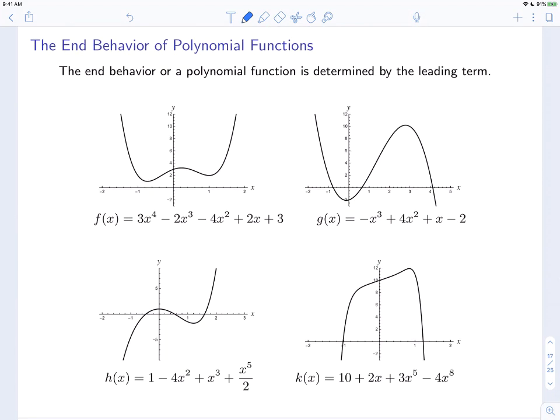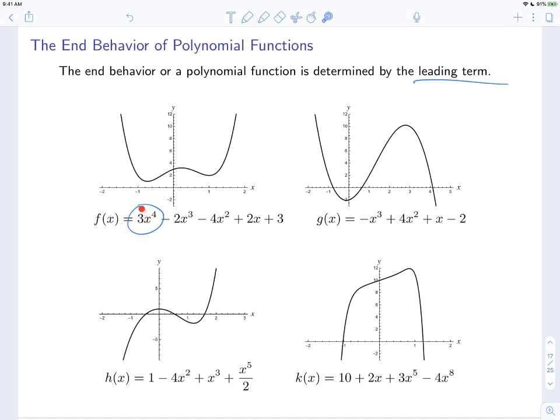The end behavior of a polynomial function is determined by the leading term. Again, by end behavior, we mean what's happening with the graph as x moves further to the right or further to the left. The first graph that you see here is a degree 4 polynomial function. So the leading term is 3x to the 4th.